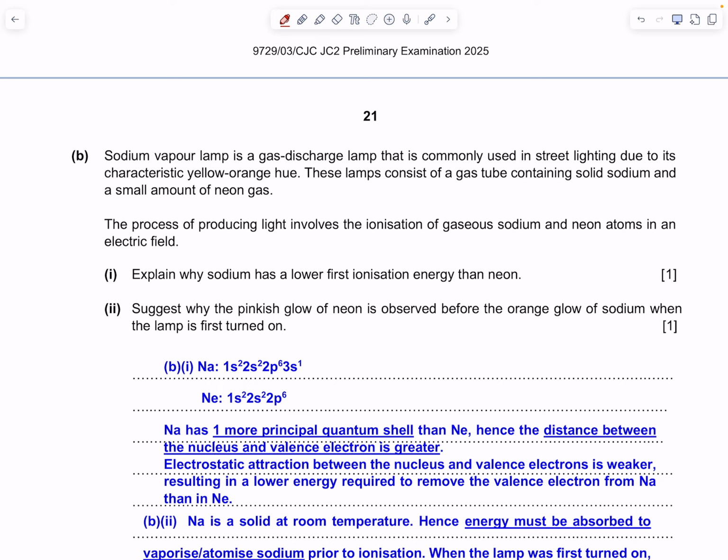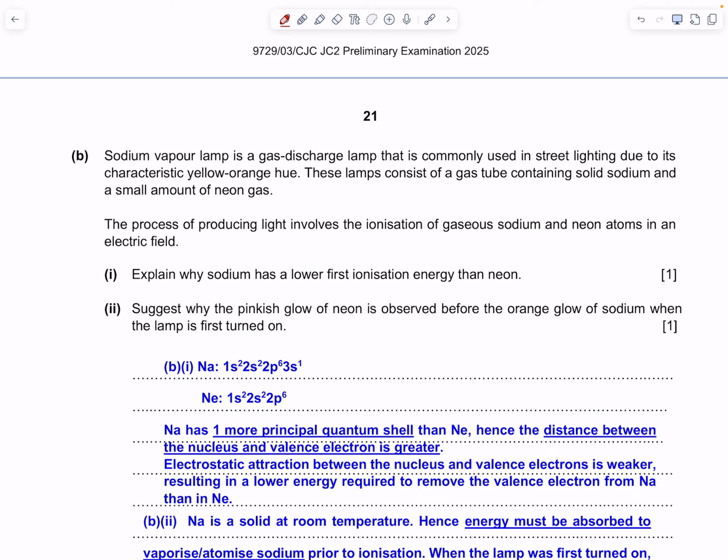Then it will allow you to structure your answers better. So between sodium and neon, I do hope that you are able to see that there's one additional quantum shell. Sodium has 3 quantum shells, while neon has 2 quantum shells. So sodium has 1 additional quantum shell. So that's one bullet point.